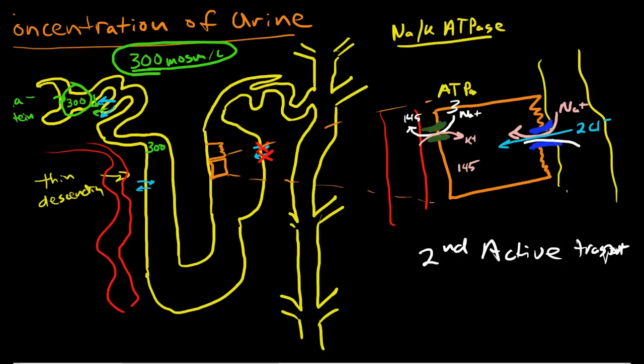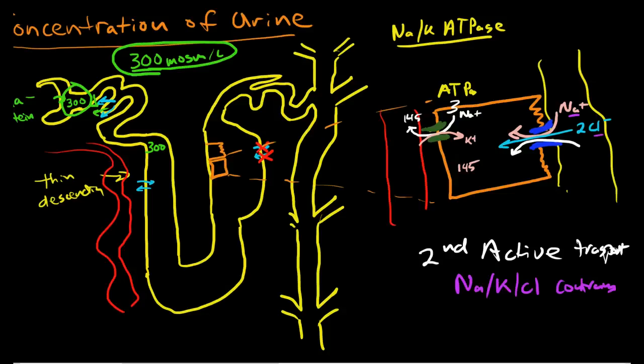So this is called the sodium-potassium-chloride cotransporter. So we are actually pulling sodium, potassium and chloride out of the lumen of the urine.